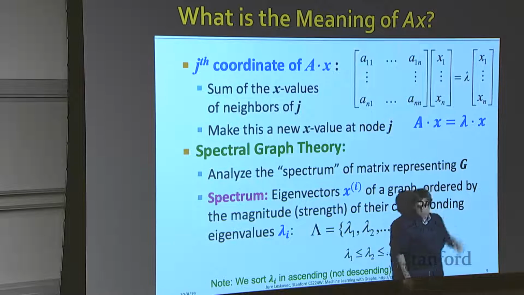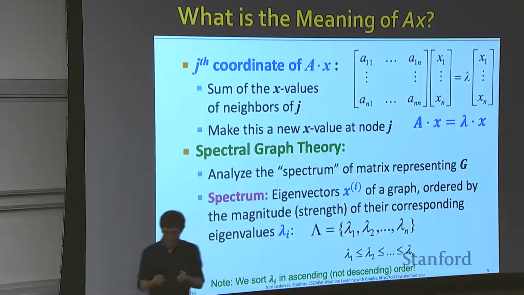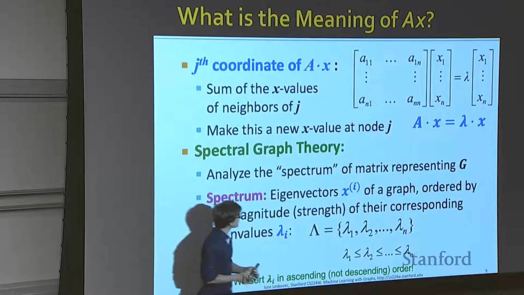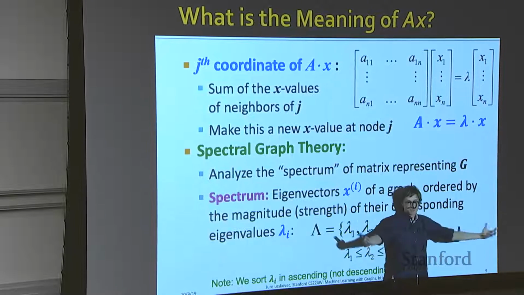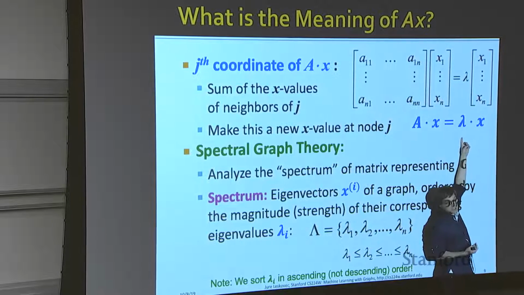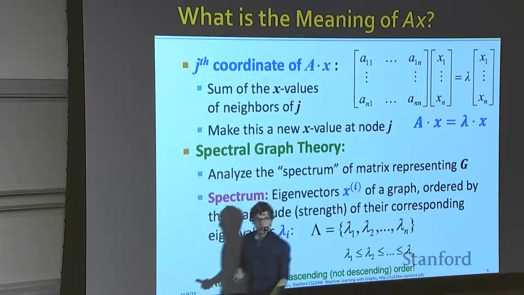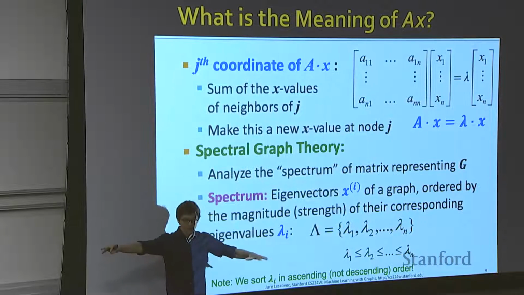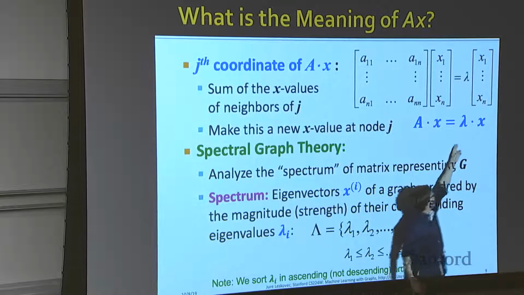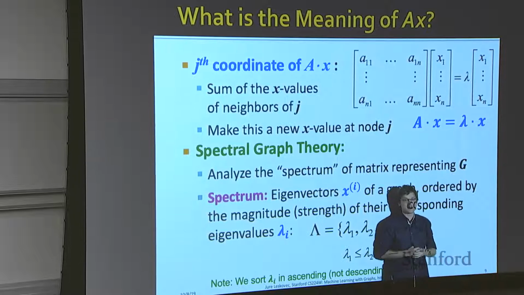So these are special values assigned to nodes, such that when you sum up the values from your neighbors, you get the same value as you had, just scaled. You retain your value, it just gets multiplied. Every node in the network multiplies their value by the same amount, lambda.